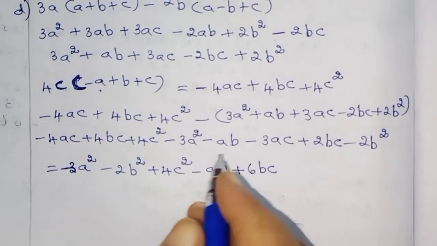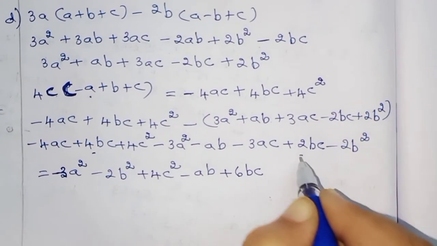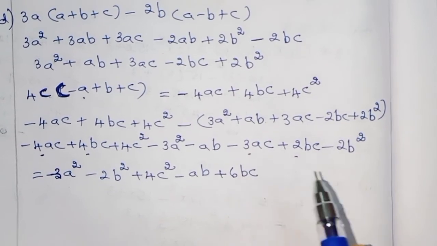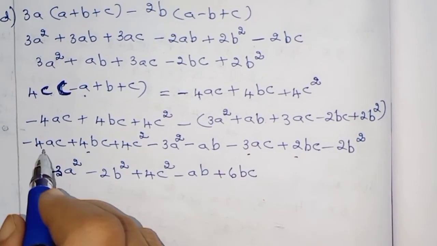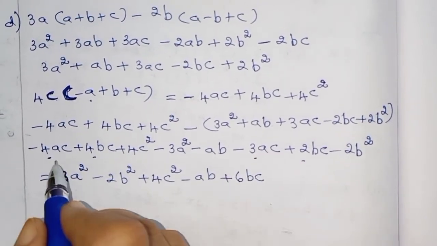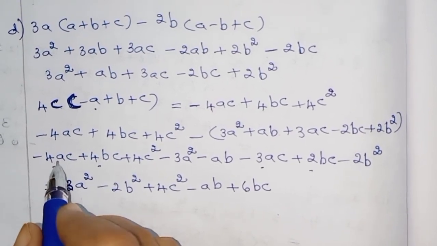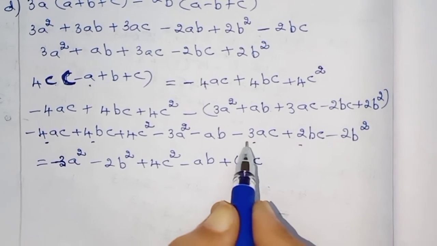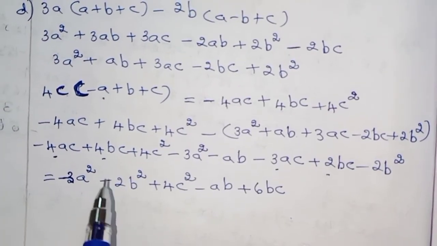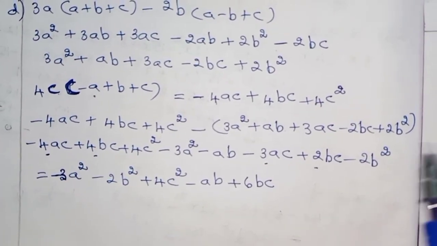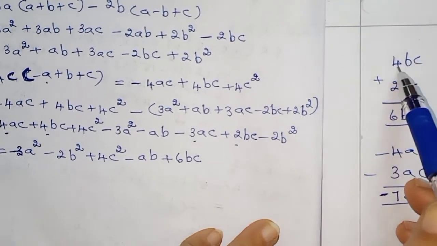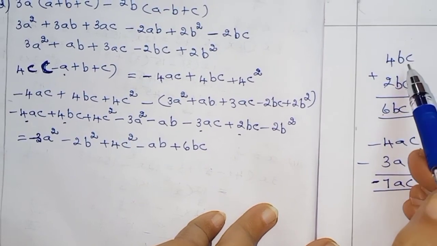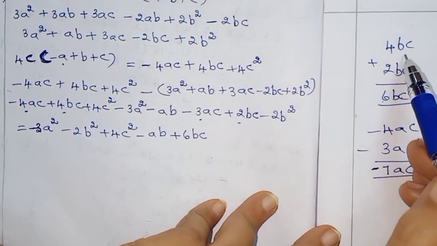Now ac: minus 4ac and minus 3ac. You need not put the dots to make you understand. I am just showing like this. I wrote in the rough work 4bc plus 2bc. What is 4 plus 2? 6bc. Variables will not change.